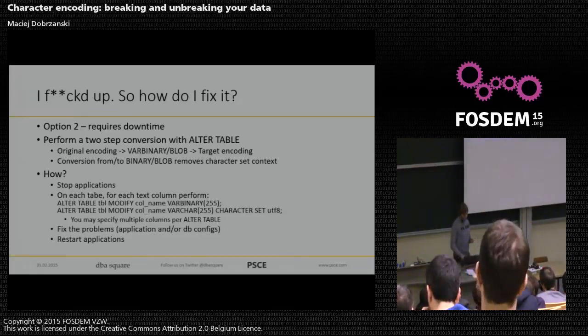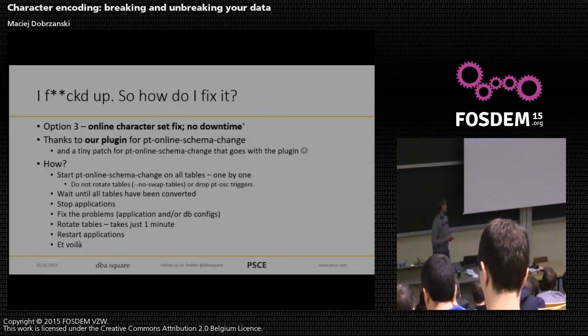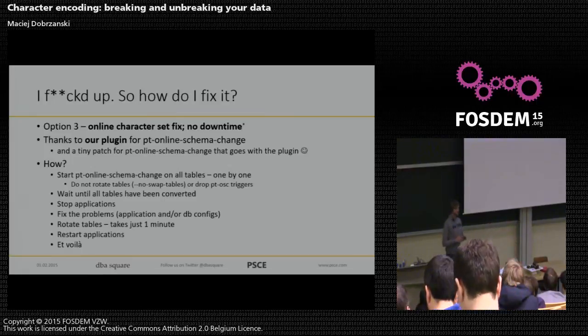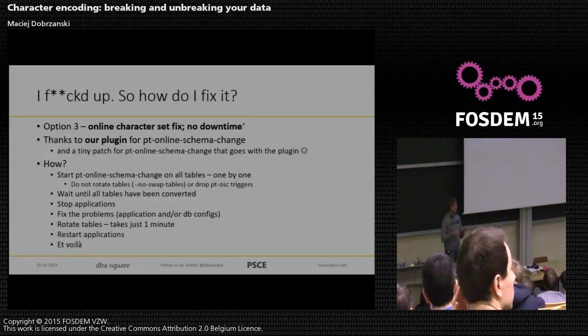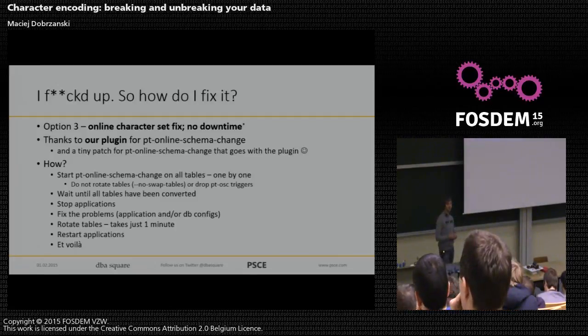And the last option that we developed recently is to use PT Online Schema Change to do this online without pretty much any downtime. We wrote a plugin that we use with PT Online Schema Change, and a slight modification of PT Online Schema Change to actually let it work. That works like PT Online Schema Change, so you can perform your conversion online.